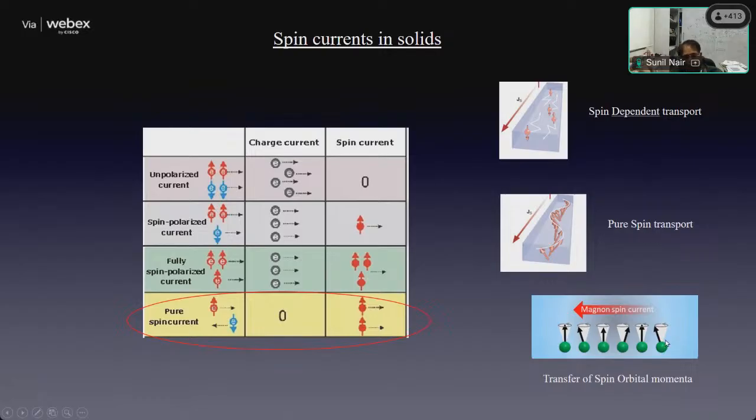This is a magnetically ordered solid, so you can actually have excitation of spin orbital momenta, which can go across the length of a system. And so this last case is a very special one, is operative only in the case of magnetic insulators and is at the heart of the area of magnonics.